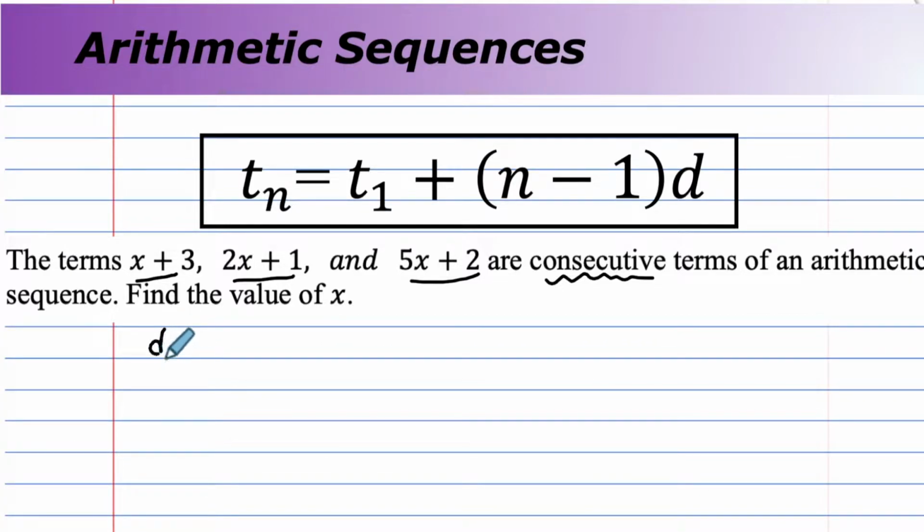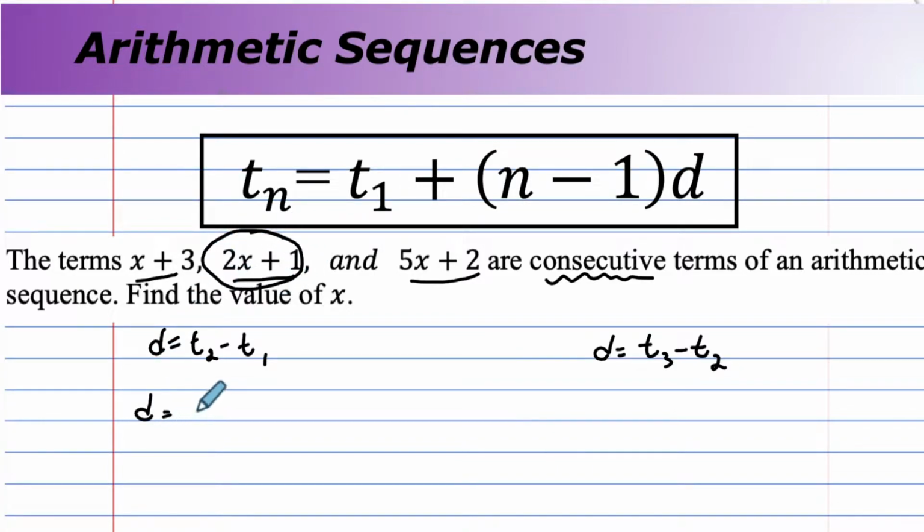What we're going to do is right away figure out d. And we know that d is the second term minus the first term. Or we could get d by going the third term minus the second term. Well, here is the second term.